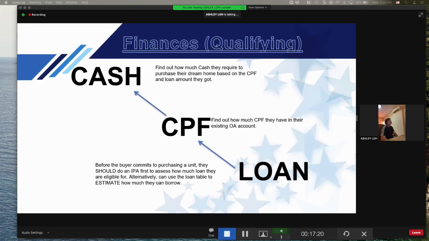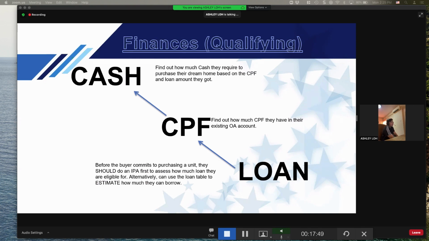So to qualify, when you talk about this disbursement, for the cash portion, you must always find out how much cash they require to purchase this dream home, based on their CPF OA amount and the loan amount that they can take. So you can find out the loan and the CPF amount, and you are able to find out the amount of cash they require, because that's just the balance of the property purchase price. For CPF, you have to find out how much is in their existing OA account.